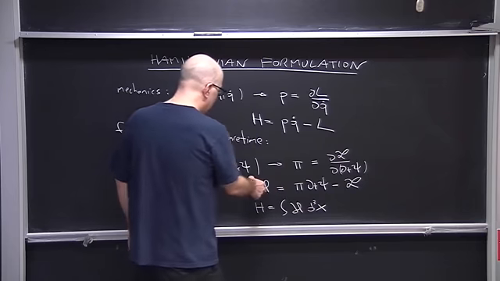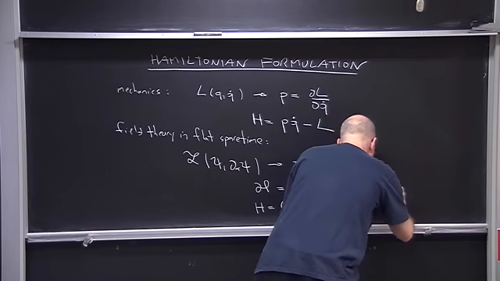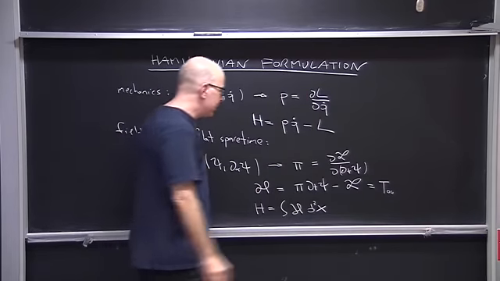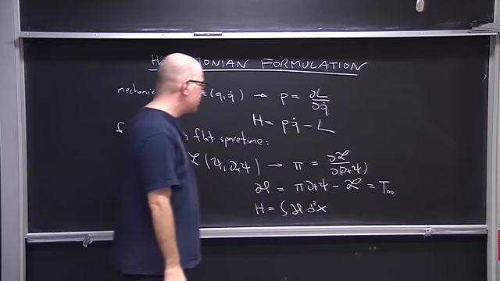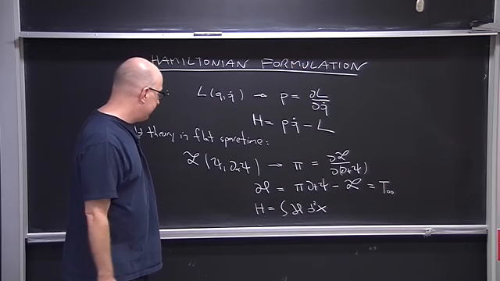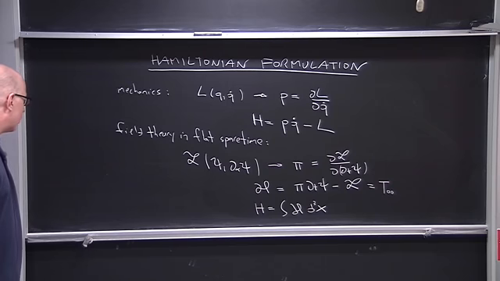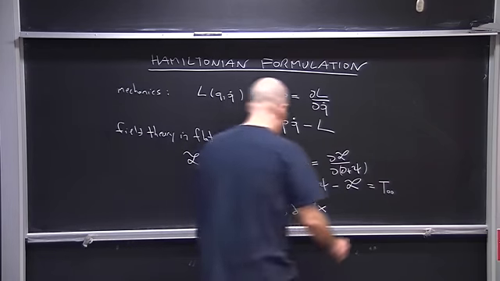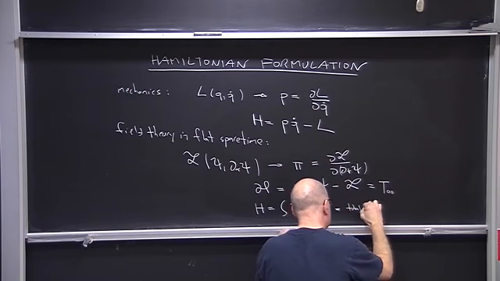This, by the way, would basically agree with what you would compute in terms of the energy momentum tensor of your field theory. That would correspond to the energy density of your field. And if you integrate the energy density in your field, you get the total energy. So in a field theory, the Hamiltonian has the interpretation of the total field energy.